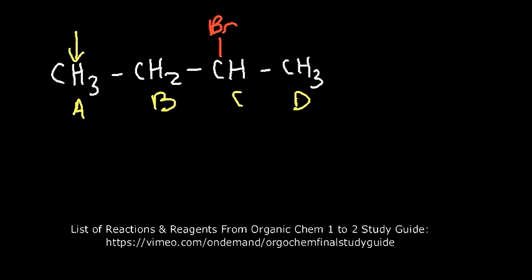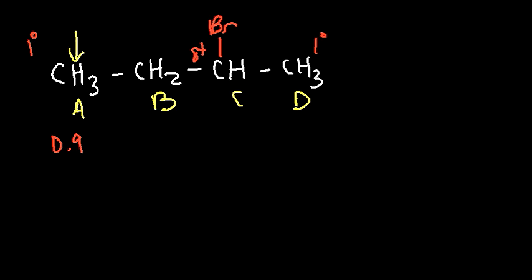Now let's write the chemical shifts. Proton A, that's just a regular CH3, it's primary, so we can say it might be like 0.9. For D, it's also primary, but it's closer to the carbon with the bromine, and that carbon has a partial positive charge. So the CH3 on the right should be a little bit more downfield than the CH3 on the left. So let's say like 1.0.